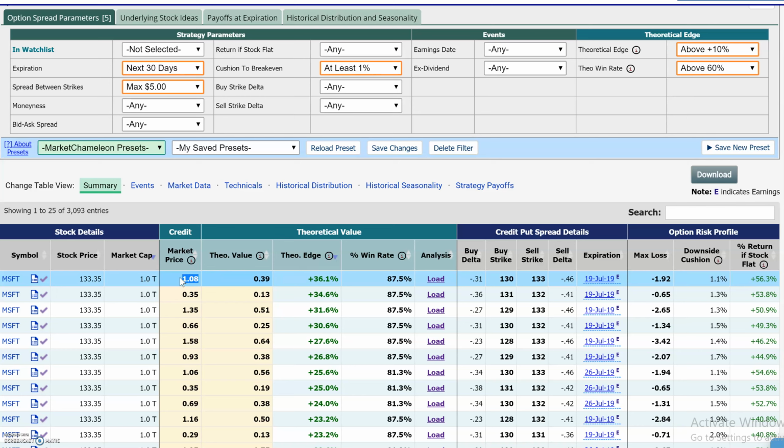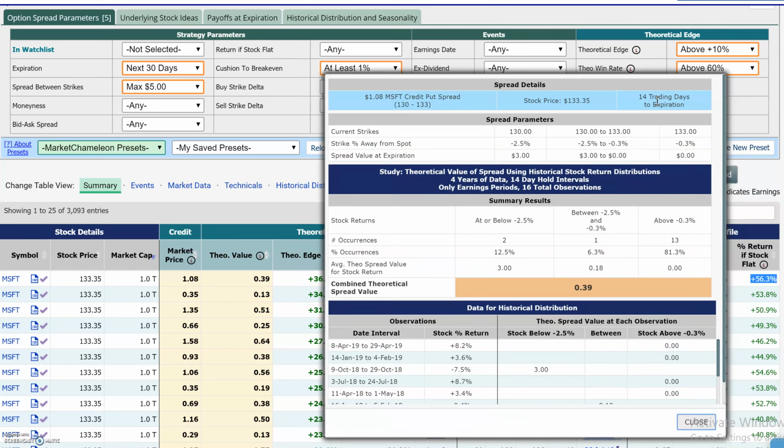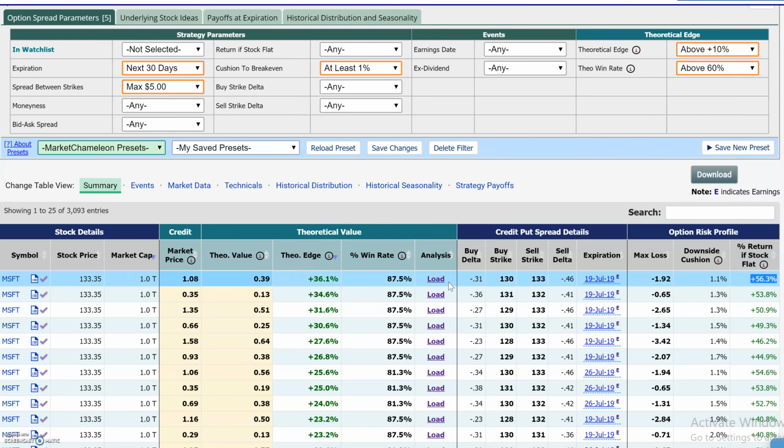You're selling it for $1.08. This is a $3 put spread. Your risk is $1.92. So if you keep that $1.08 and your risk is $1.92, that's a 56% return in the next 14 trading days. And this is the study of the theoretical value.